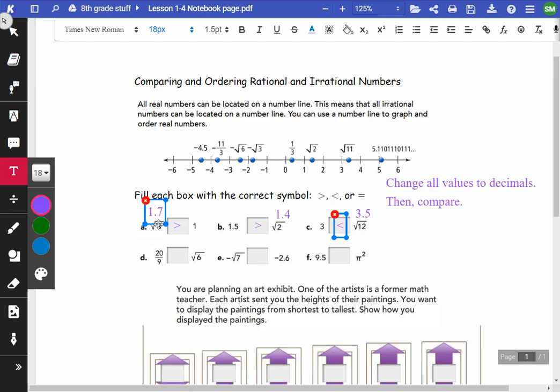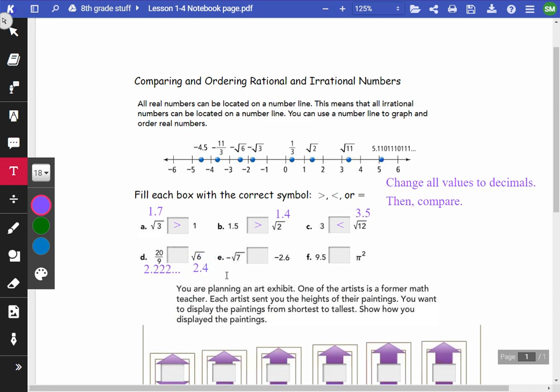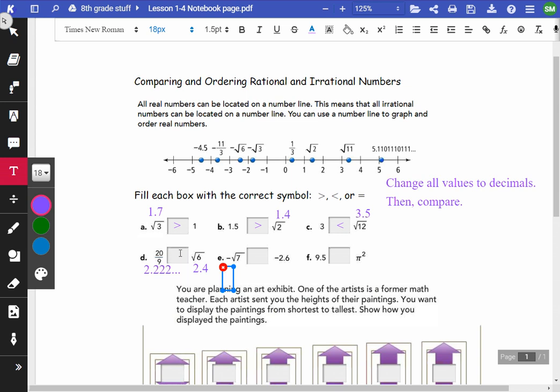Square root of 6 is 2.4. So here, 20 divided by 9, 2.222 dot, dot, dot. And the square root of 6 is about 2.4. So I put those there, and I can compare what goes in here, greater than, less than, or equal to. If you said less than, you are correct.